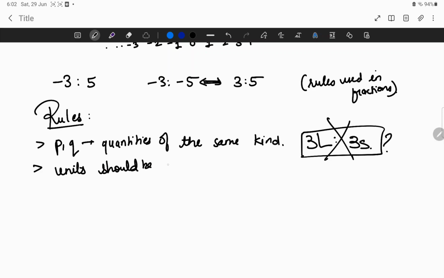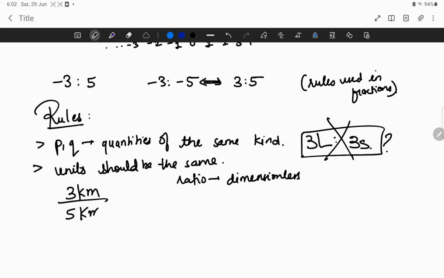Your ratio is dimensionless. You need to remember that a ratio is usually dimensionless, so your units should be the same. It can be 3 kilometers upon 5 kilometers, so the units get cancelled and your ratio is 3 is to 5.